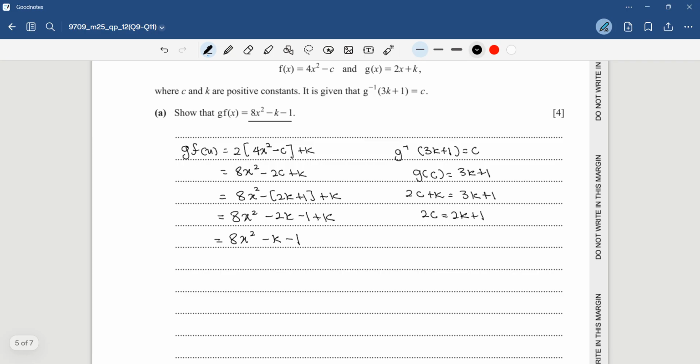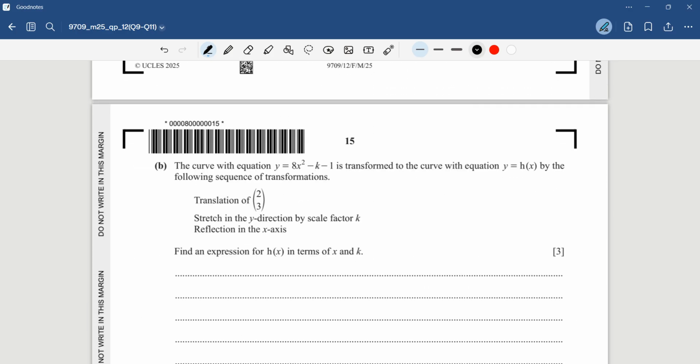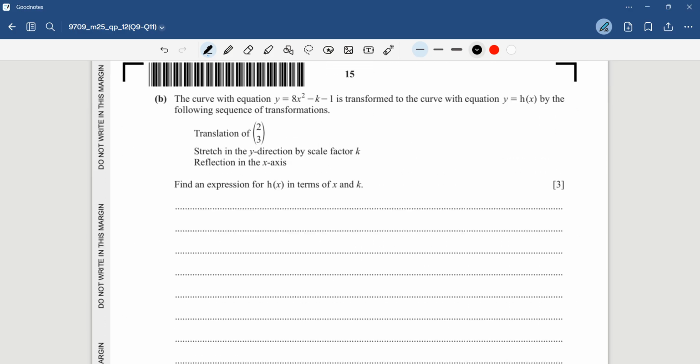Okay, and question B: the curve of the equation y equals 8x squared minus k minus 1 is transformed by the following sequence of transformations: a translation, a stretch in the y direction, and a reflection in the x-axis. Express h(x) in terms of x and k. Okay, first we go for the translation.